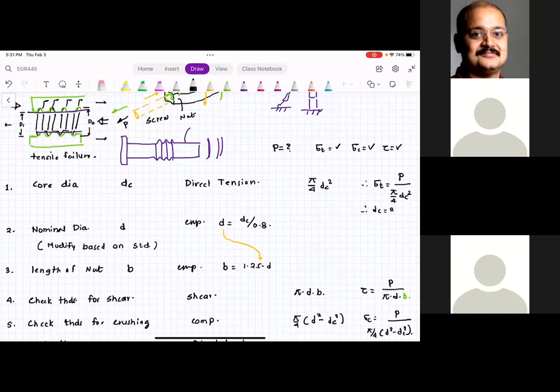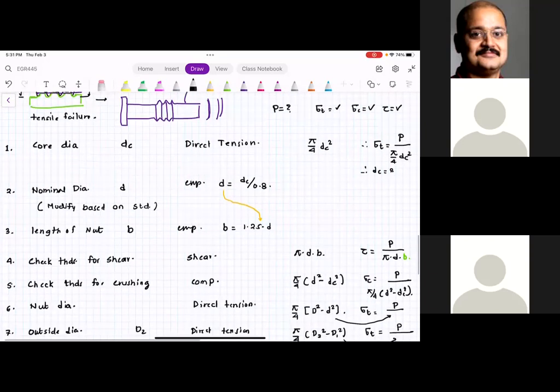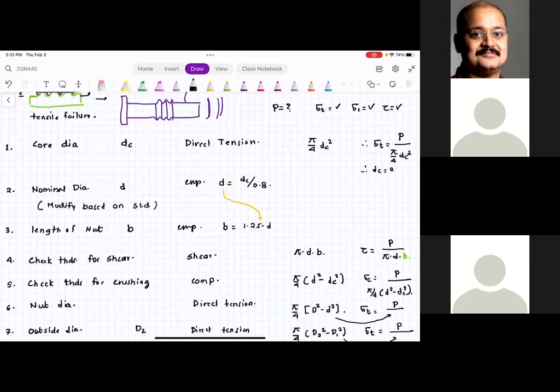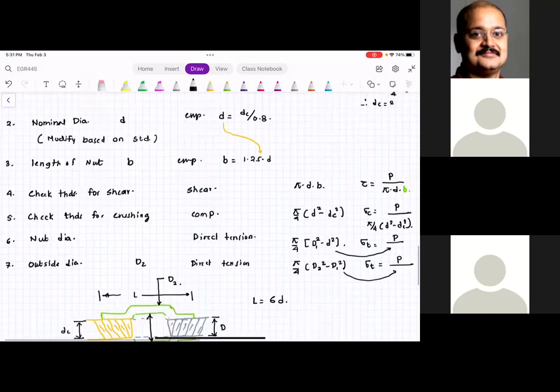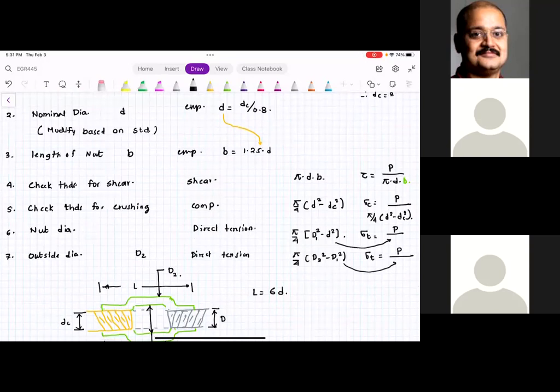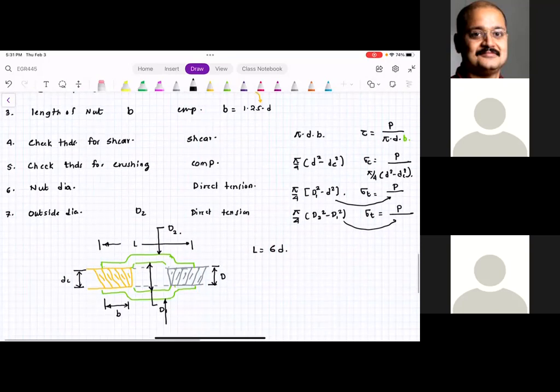Then come up with the length of the nut, which is B is equal to 1.25 times D. And then check the threads for shear, check the threads for crushing, then find the nut diameter for direct tension. This is D1. And then find the nut diameter D2. So that is how you will design the turnbuckle.